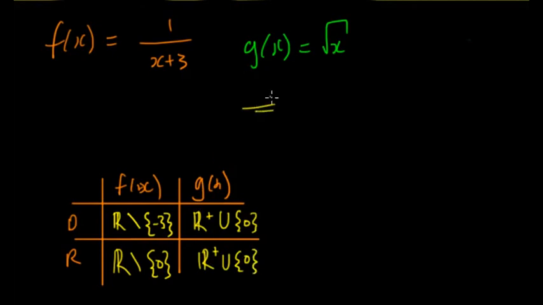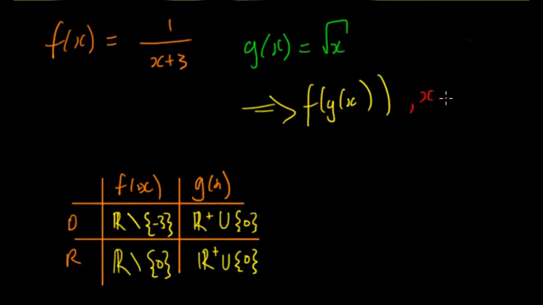Now, if we want to check if f(g(x)) is defined, it's very important which order it is. And that's because, as I was talking about before, it's talking about the domain of x and then the range of g(x). So firstly, what's the domain of g(x)? Well, R plus, including 0.